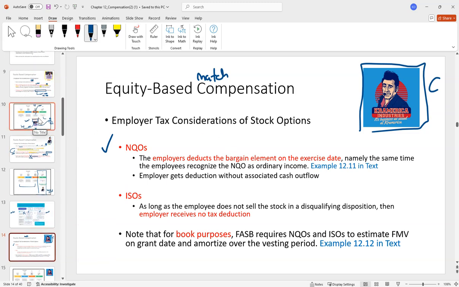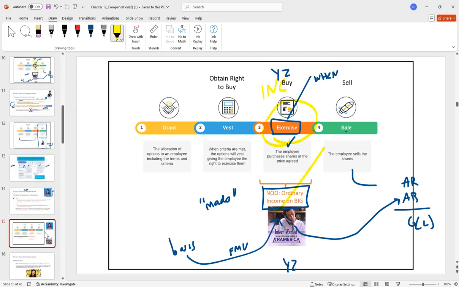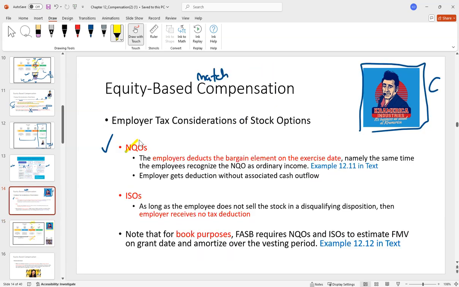Well, with Darren, he has the income when he exercises it. Accordingly, from Cramerica's point of view, if Darren claims the income when he exercises it in that year, we're going to get the deduction on our 1120 for compensation expense in that year. That is for a non-qualifying option, an NQO.